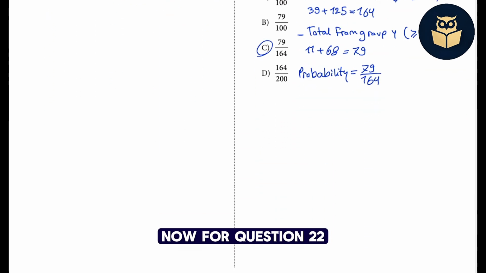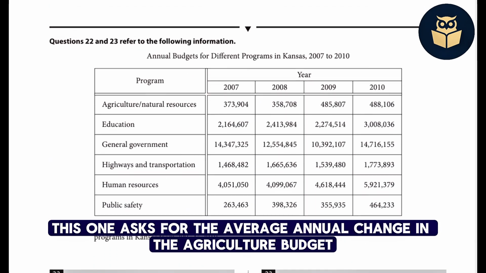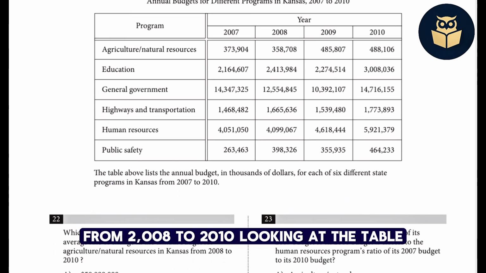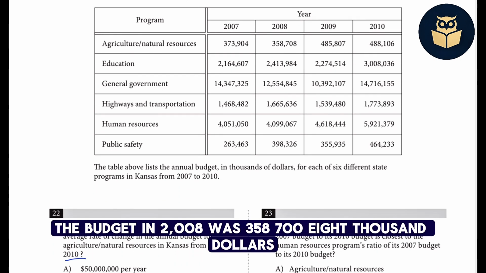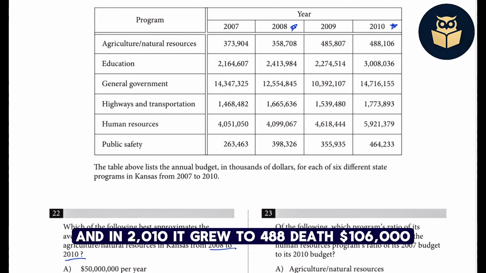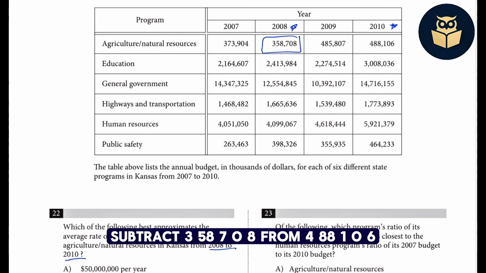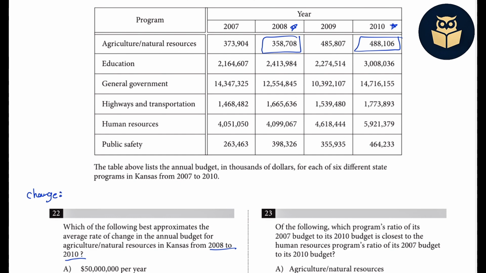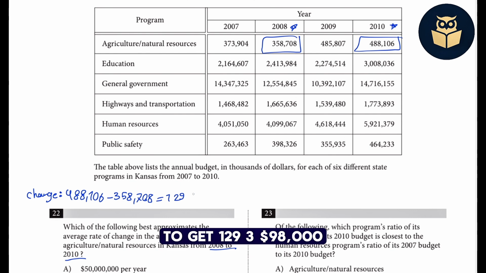Now for question 22. This one asks for the average annual change in the agriculture budget from 2008 to 2010. Looking at the table, the budget in 2008 was $358,708,000, and in 2010 it grew to $488,106,000. First, find the total increase. Subtract 358,708 from 488,106 to get $129,398,000.